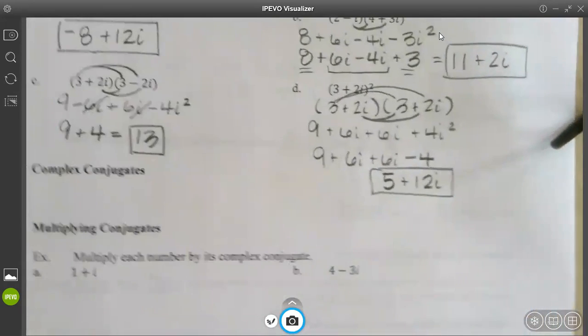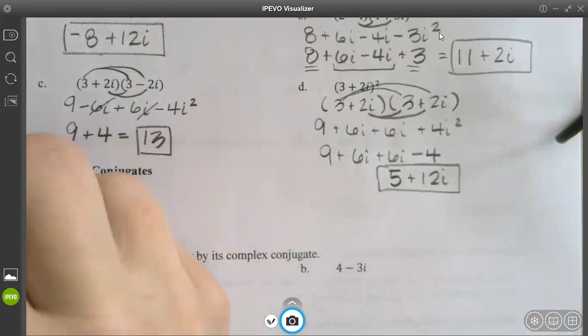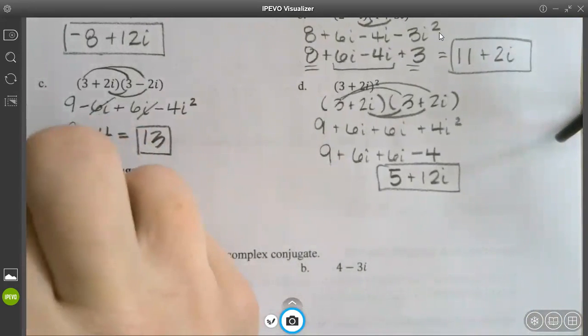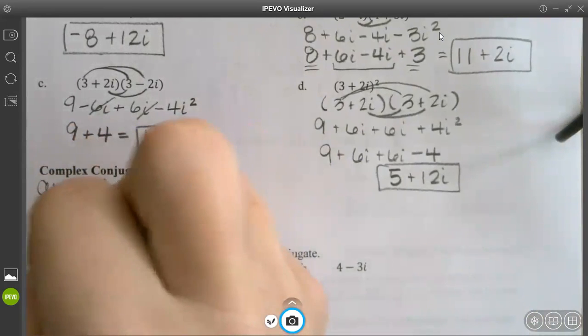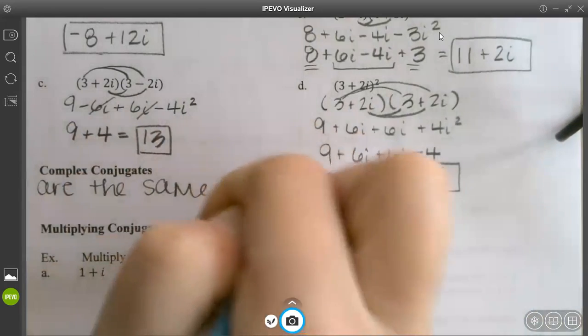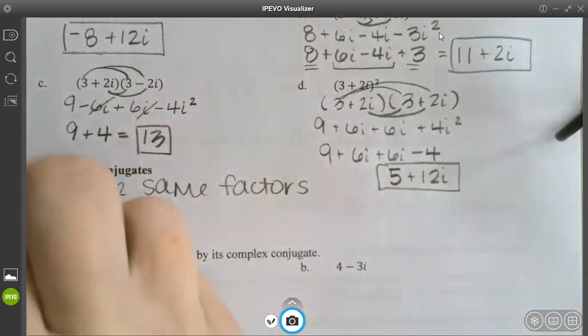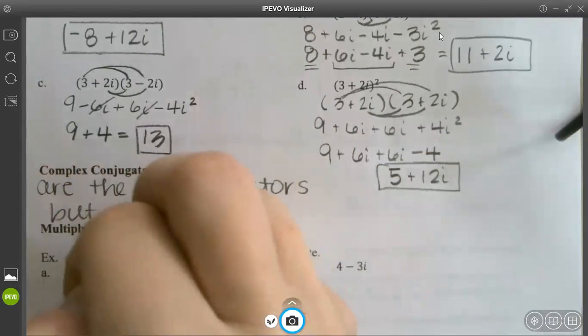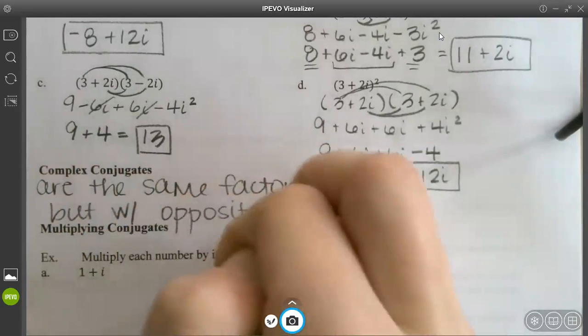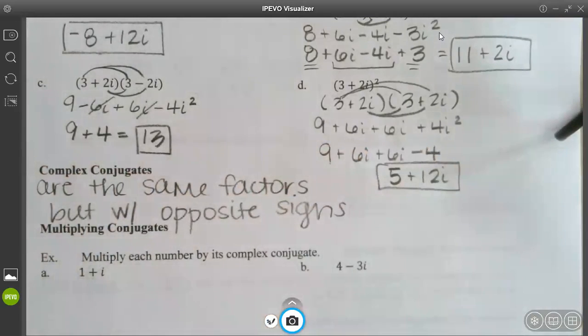Complex conjugates, sorry, are the same factors but with opposite signs. And I'll explain this in just a second with an example.